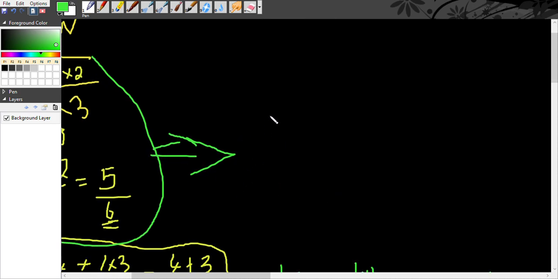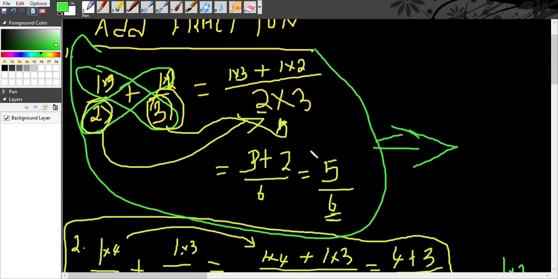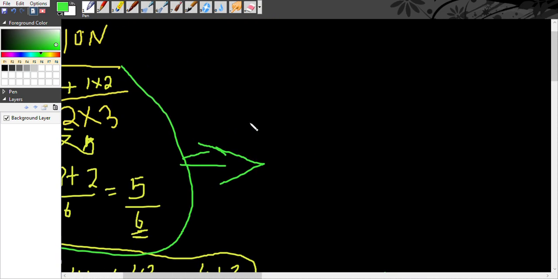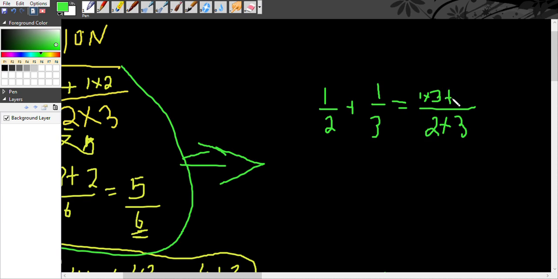This would be the rule as we did it earlier. We added 1 over 2 plus 1 over 3. What we did was multiply 2 times 3 for the denominator, and for the numerator, cross multiplication, 1 times 3 and 1 times 2.